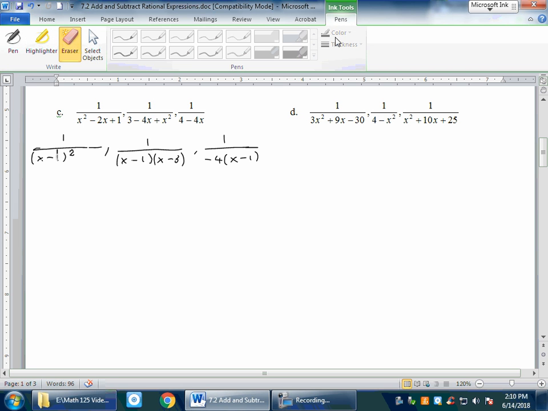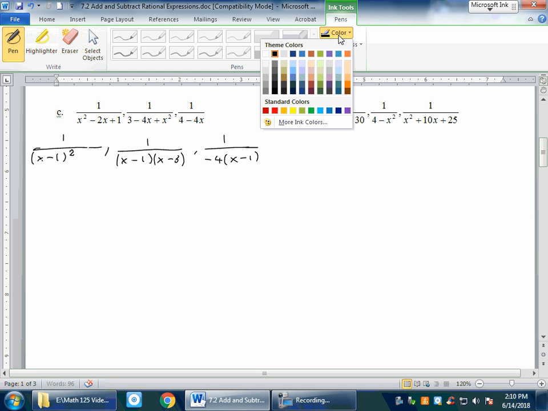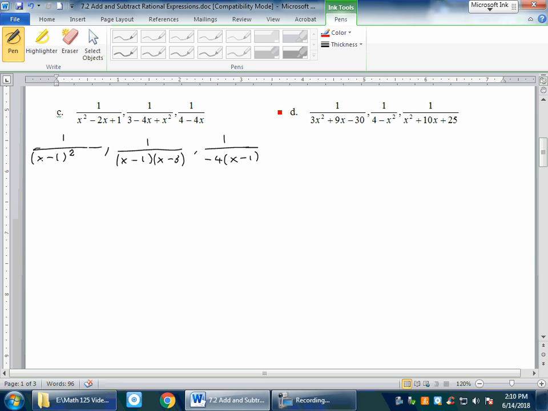So now what we want is to find the least common denominator for these three fractions. So my LCD, first we're going to look at the x minus 1. In the first fraction, I have x minus 1. Second fraction, I have x minus 1.